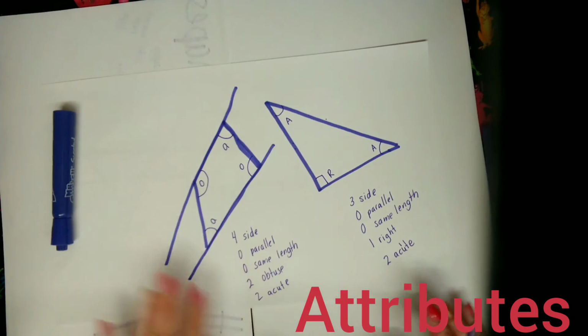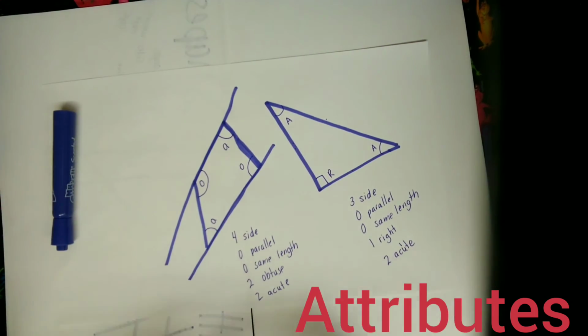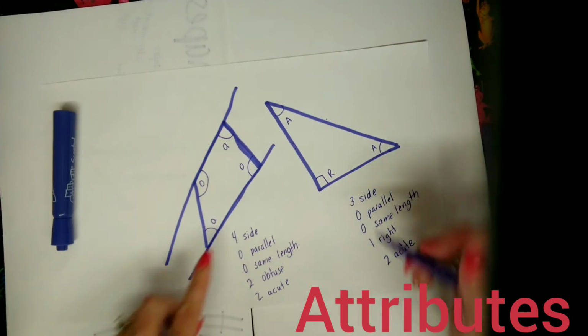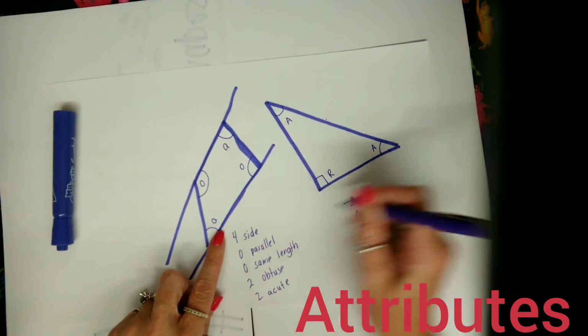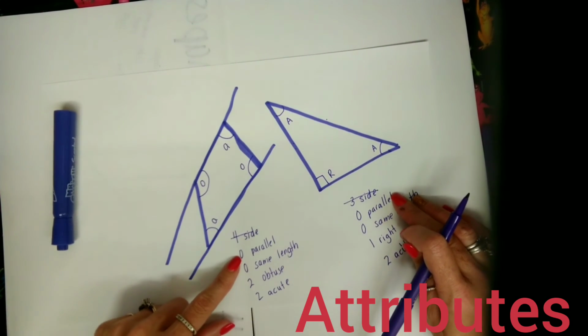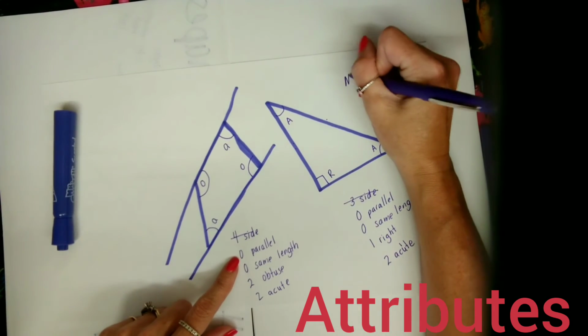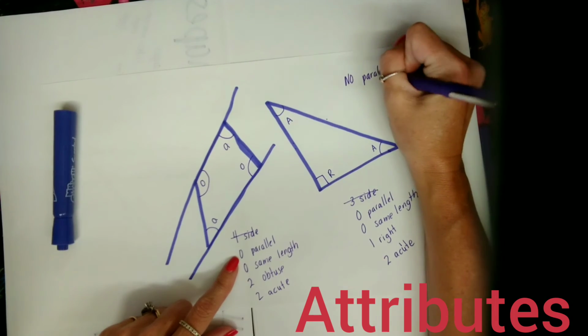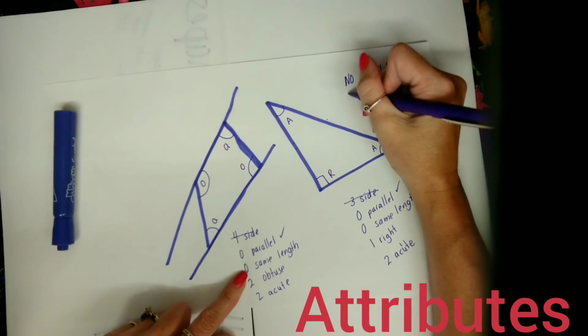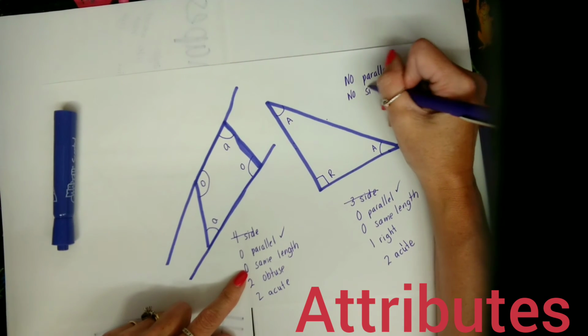All right, so once we have all the attributes taken care of, we're then going to look for the things that they have in common in order to group them. So I can't group them by the number of sides. That's out because this one has 4, this has 3. Now I could make a group of no parallel lines. That could be a group. So I'm going to write that up here as a group that I could make. I could also make a group with no sides the same length.